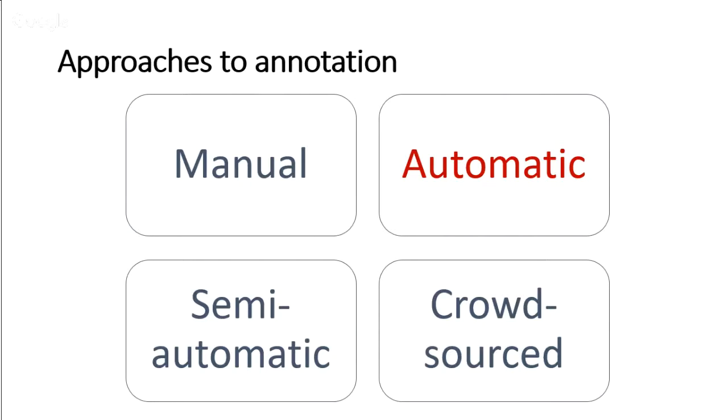That's when we develop algorithms, or use existing algorithms, to annotate a corpus. A compromise between these two is semi-automatic annotation, where normally you'd apply an automatic method, and then you would manually correct the results by hand.